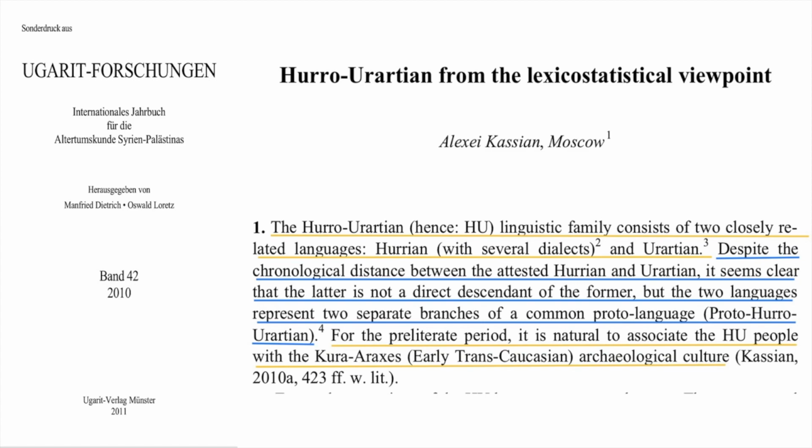Despite the chronological distance between the attested Hurrian and Urartian, it seems clear that the latter is not a direct descendant of the former, but the two languages represent two separate branches of a common proto-language, Proto-Hurro-Urartian. For the pre-literate period, it is natural to associate the Hurro-Urartian people with the core Araxes early Transcaucasian archaeological culture.